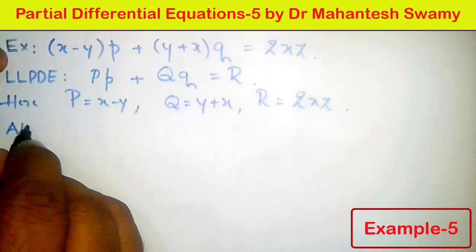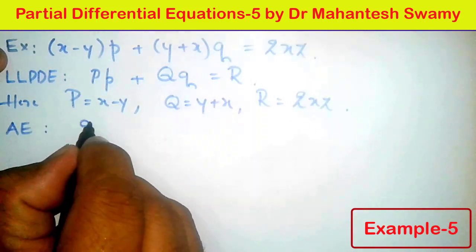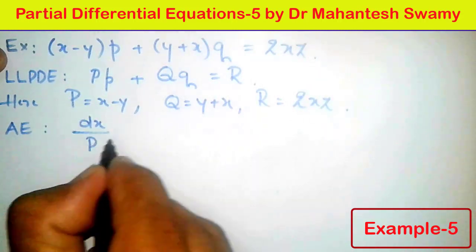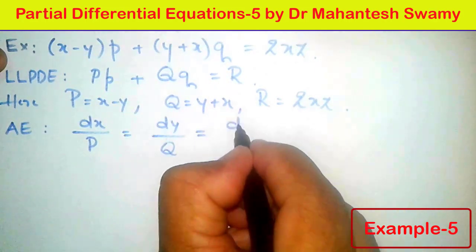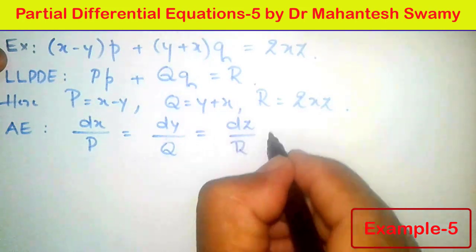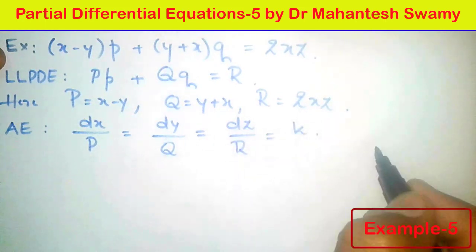The auxiliary equations are dx by capital P equals dy by capital Q equals dz by capital R equals some common constant k.